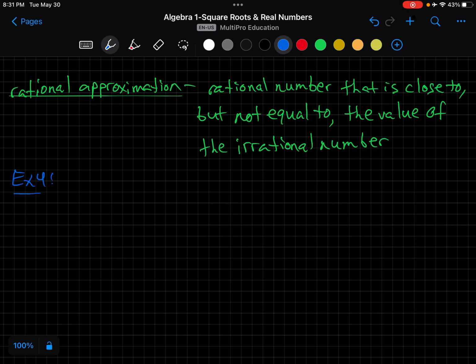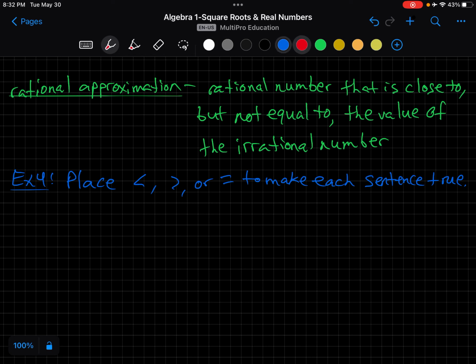Let's look at an example. Example 4 here. There are multiple parts here, so what we want to do is place less than, greater than, or equal to, to make each sentence true.